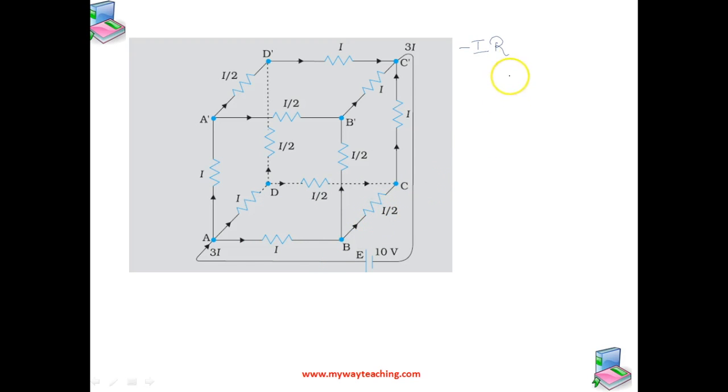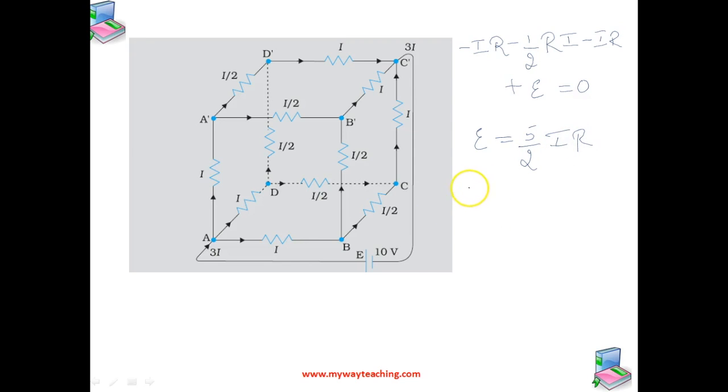Then here minus 1 by 2 R into I, again in this branch minus I R, and here the negative sign comes first, so it is plus epsilon is equal to 0. So R is the resistance of each edge and epsilon is the EMF of the battery. So epsilon is equal to 5 by 2 into IR.